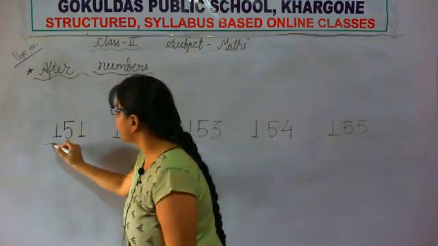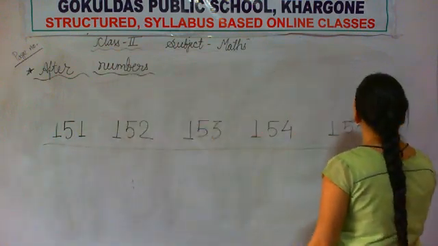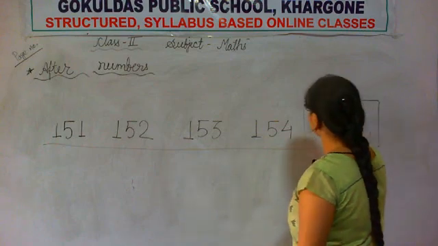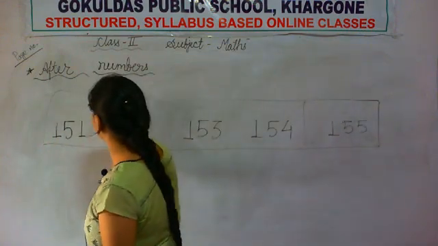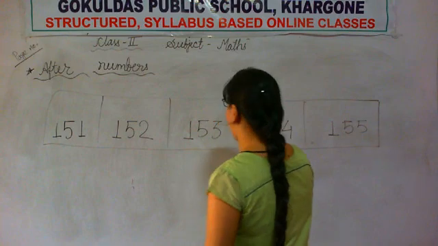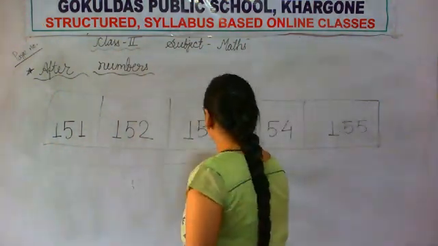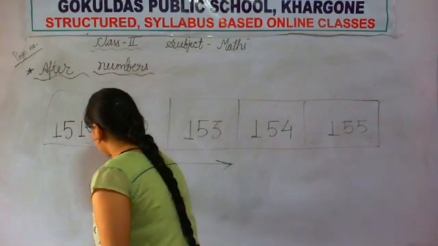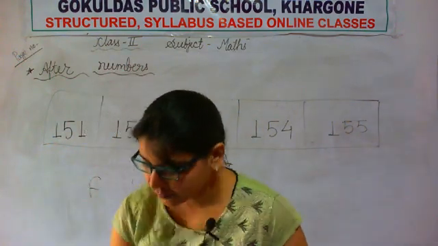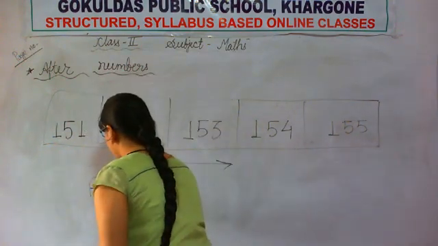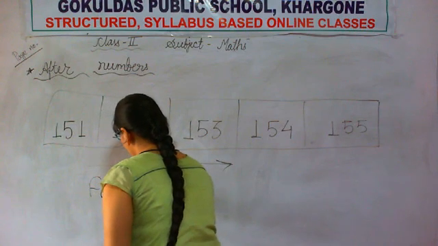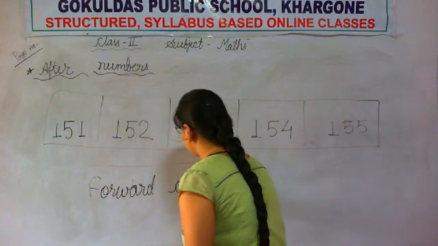For the after number we just have to add 1 more, like forward counting.